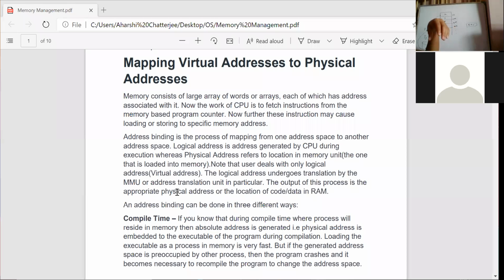So to understand that, we have to go through some systematic procedure, and we have to know several additional functions, methods. Function means I'm not talking about C function. Function means different operations that are performed by operating system.